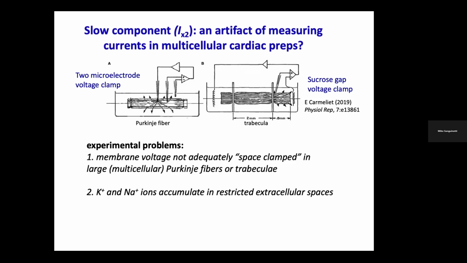So you have all these kind of weird currents occurring within a tissue that you don't see in a single cell. And then in addition, potassium and/or sodium ions accumulate in restricted extracellular spaces between cells during depolarizing pulses. That changes the reversal potential of the current, which makes it look like a non-selective channel, both sodium and potassium.